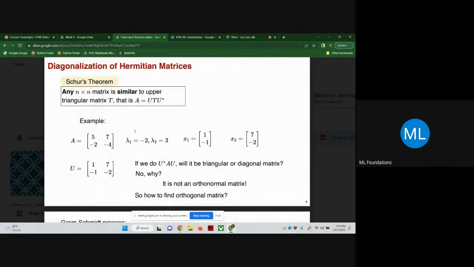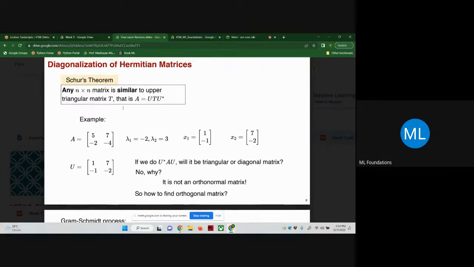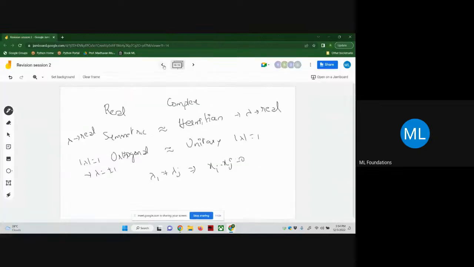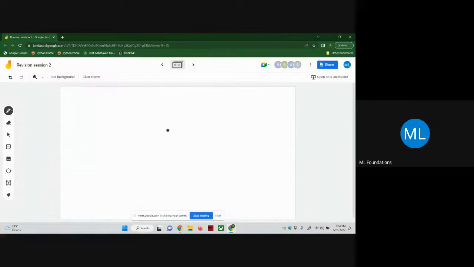So Schur's theorem is important, but we won't be getting questions from this. Any n cross n matrix is similar to an upper triangular matrix: A equals U T U star. In other words, you can write any square matrix A as U T U star, not just any matrix.